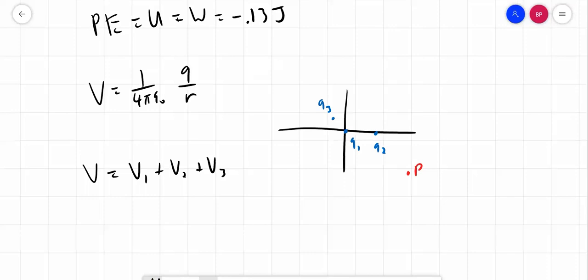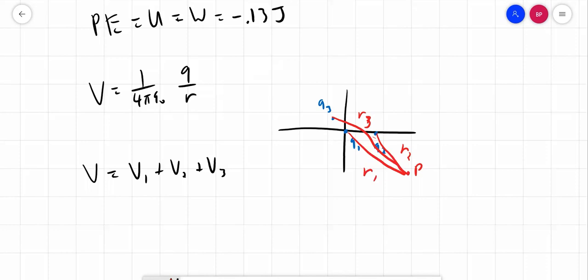So for instance, this distance is R2. That distance is R1. Sorry. So that's supposed to be a straight line distance. That straight line distance is R3. So we just calculate the voltage for each of these individually, and then we just add them together.